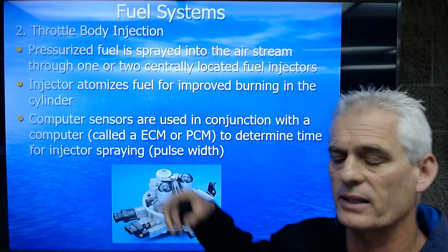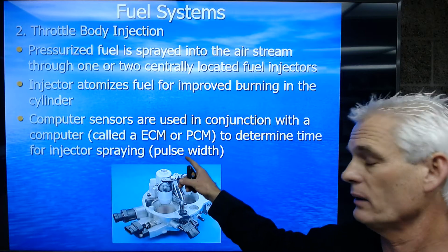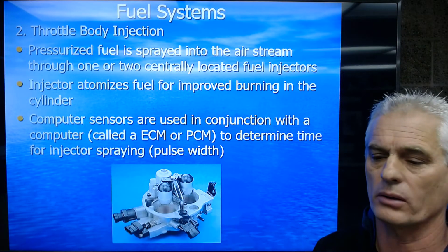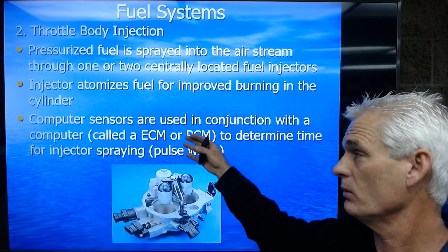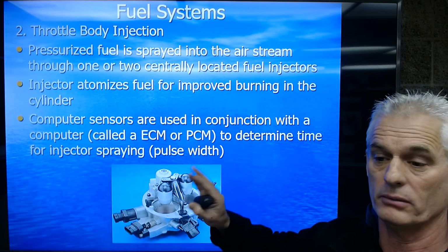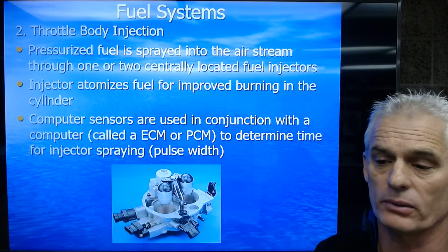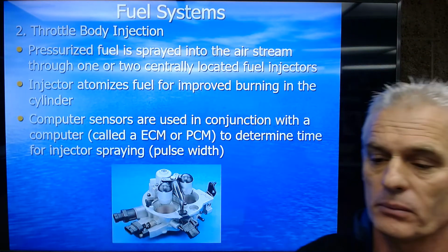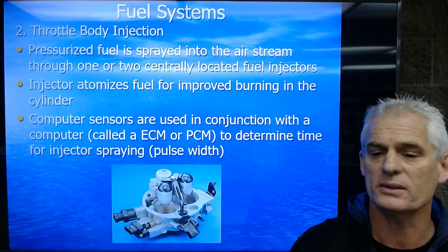So we use a bunch of sensors to give input to a computer, and then the computer says, okay, spray the injector for this long, and then shut it off, and then spray it for this long, and then shut it off. So now we've got some other factors besides just our foot. We're looking at the temp of the engine, outside air temperature, pressure in the intake manifold, vehicle speed and engine RPM, and these kinds of things.